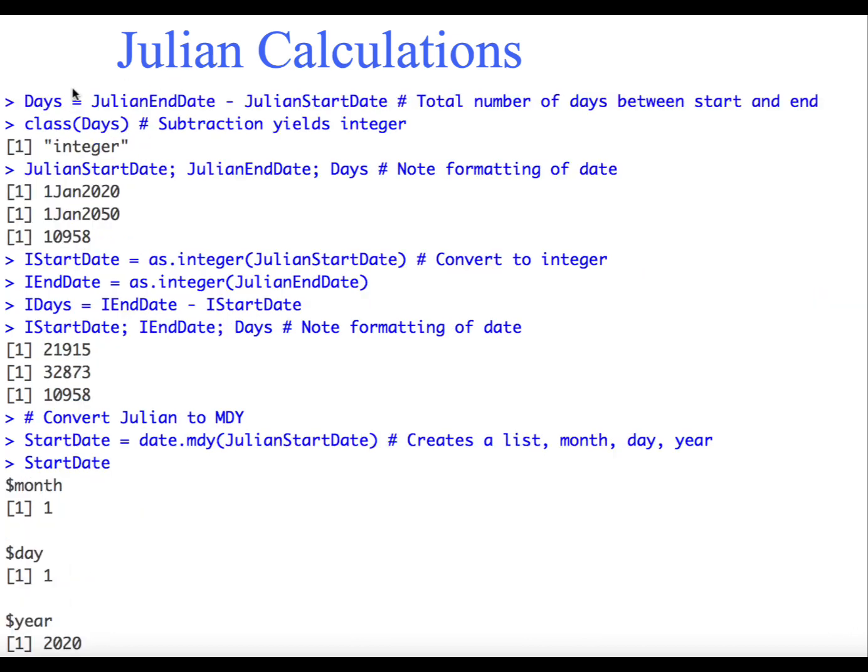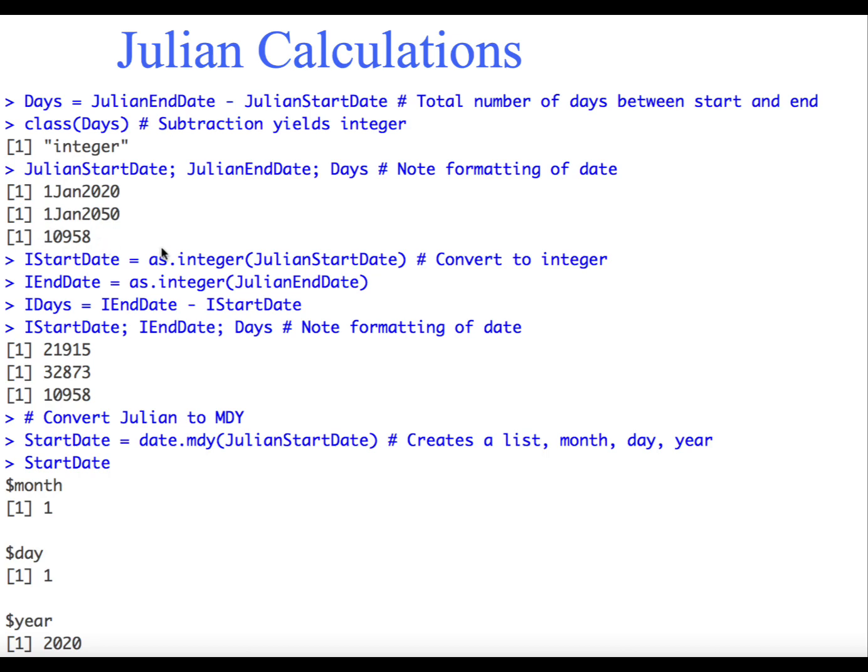And then I have an end date, and it's integer. And so we can say something like, give me the number of days between this Julian end date and this Julian start date. Days is in fact an integer, and the start date and end date are actually printed out in day, month, year format, but the number of days between two dates, this is about 30 years, which is about 11,000 observations as we would expect.